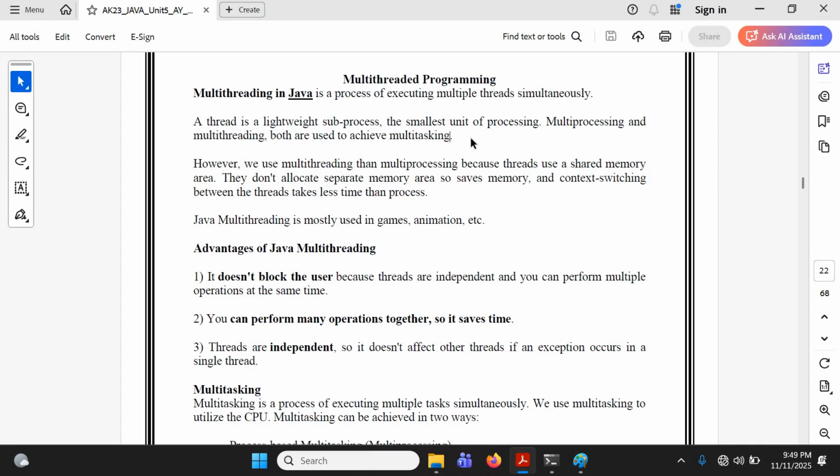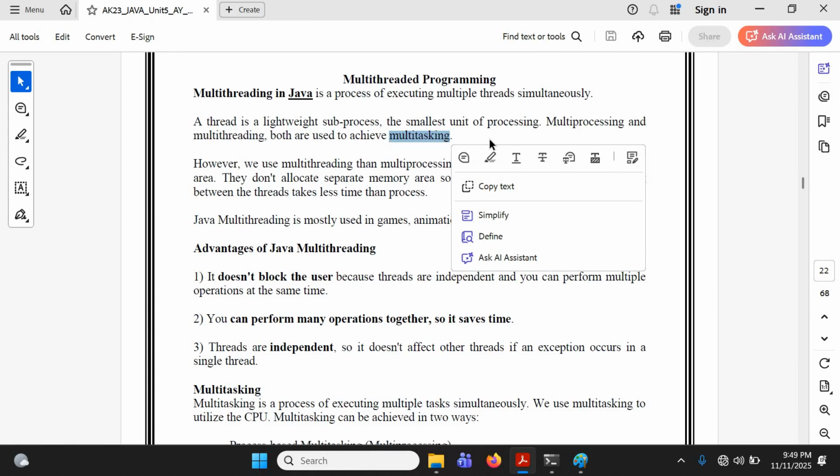That means you have opened three applications, that is, three processes in your computer. These three processes are executing in parallel. That is called multitasking: to complete tasks simultaneously.